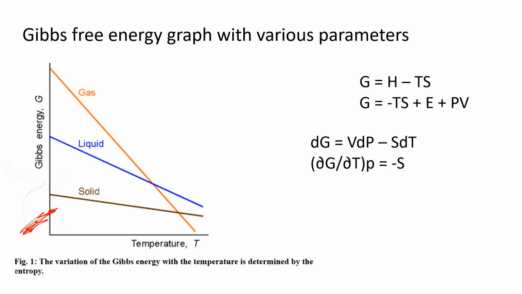So if we differentiate with respect to temperature at constant pressure, it is equal to minus S, the negative of entropy. That means if temperature increases, Gibbs free energy will decrease for gas, liquid and solid. The decrease is sharp for gas because in the gaseous state entropy, that is randomness, will be more.